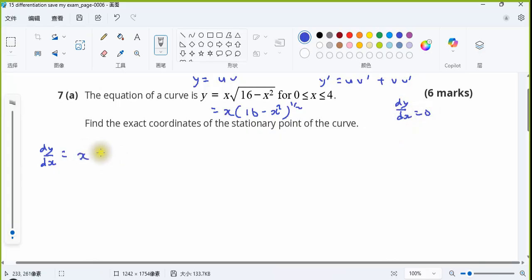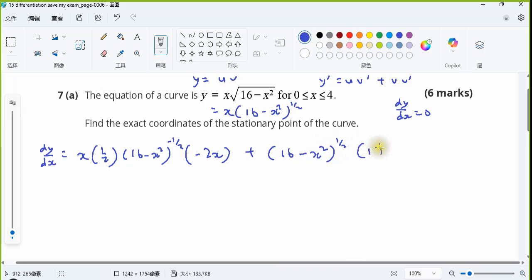So x times half, 16 minus x squared to the power negative half, times negative 2x, plus 16 minus x squared to the power half times 1. So the 2 here cancel.